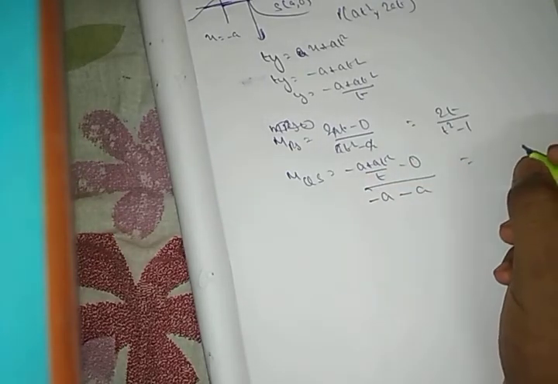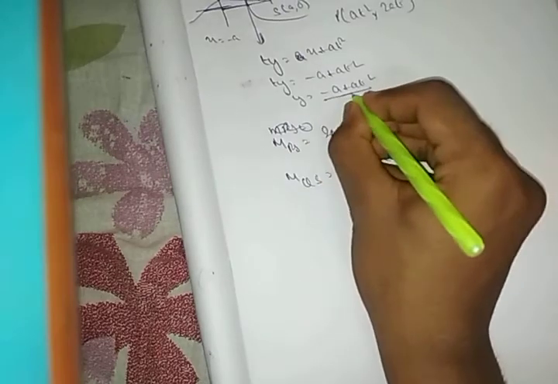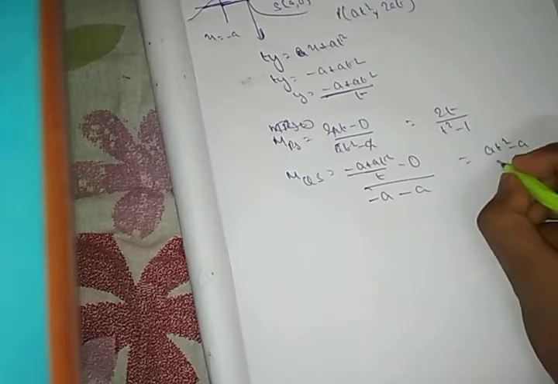And for QS, this is not externally minus, so it is (at square minus a) by minus 2at. A cancelled, so it is (t square minus 1) by minus 2t.